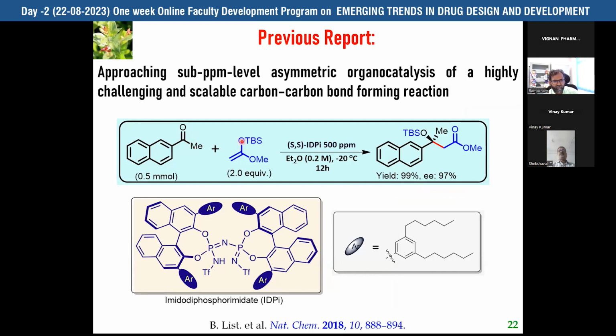Mukaiyama-aldol, this is with silyl enolates and a ketone, using 500 ppm of this List Brønsted acid. He has taken minus 20 degrees centigrade, 12 hours, and was able to get 97%, 99% yield of the Mukaiyama-aldol in 2018. But here minus 20 degrees centigrade was needed for control.